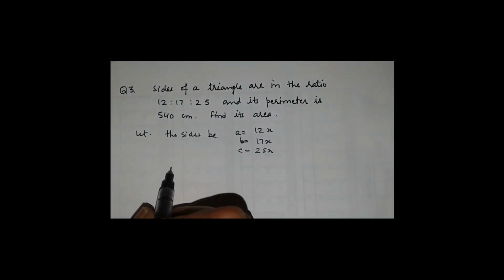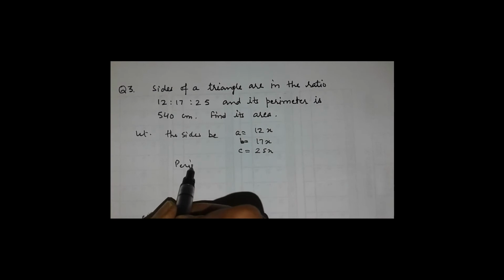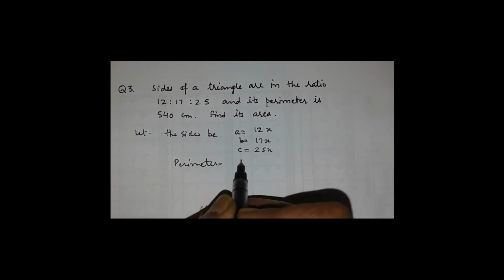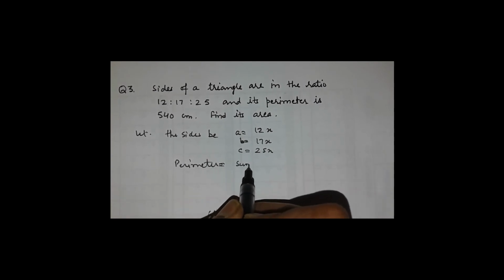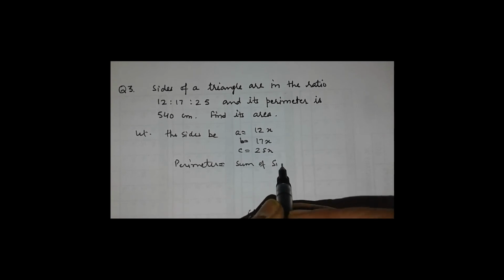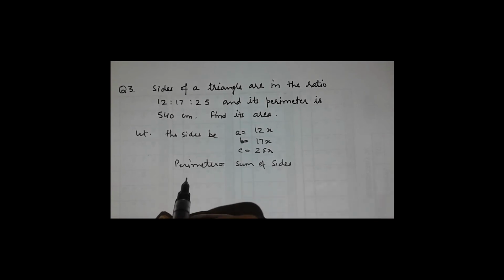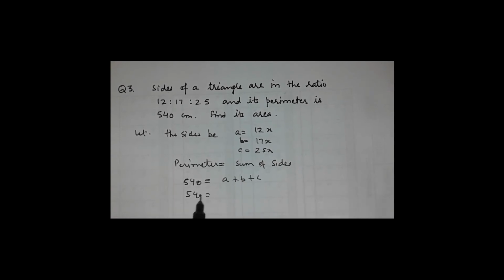And the perimeter is given. So perimeter is equal to the sum of sides. So it will become 540 is equal to a, which is 12x, plus b, which is 17x, plus c, which is 25x.